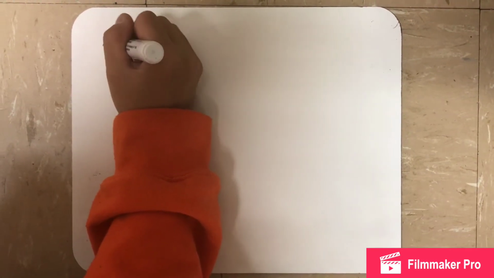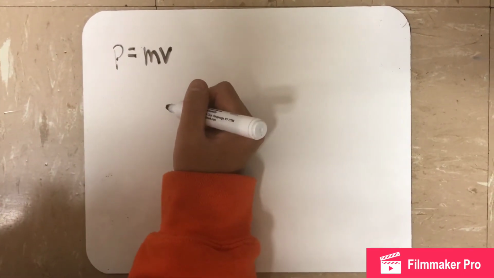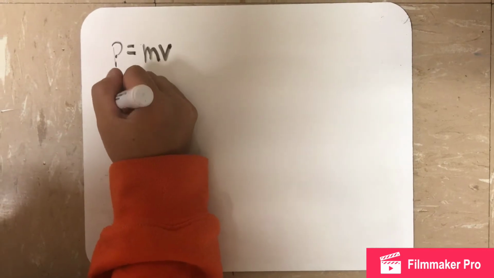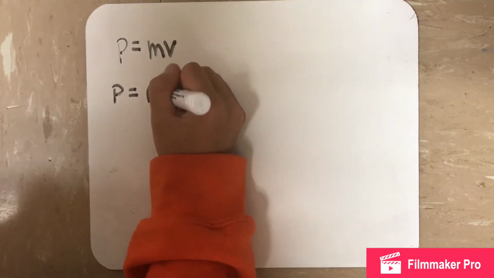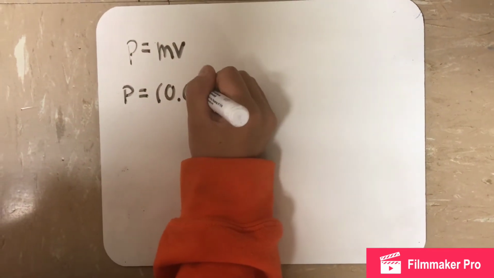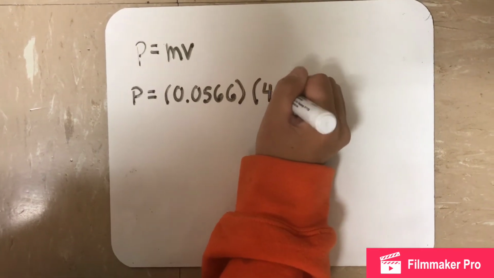And now we're going to use the equation for momentum. So when the ball is going down, that momentum would be the mass times the velocity.